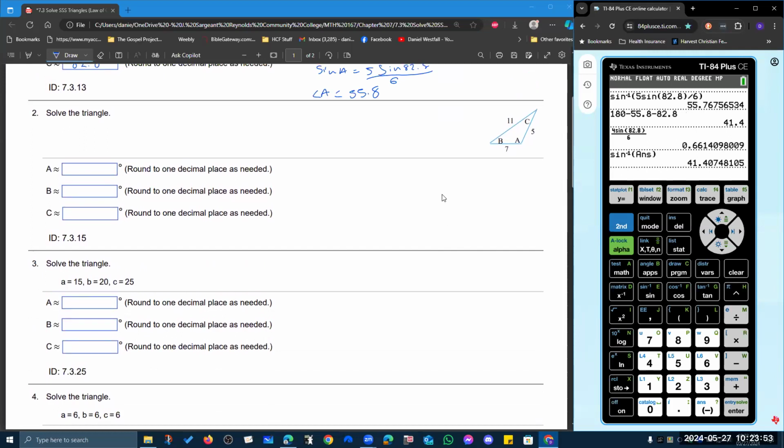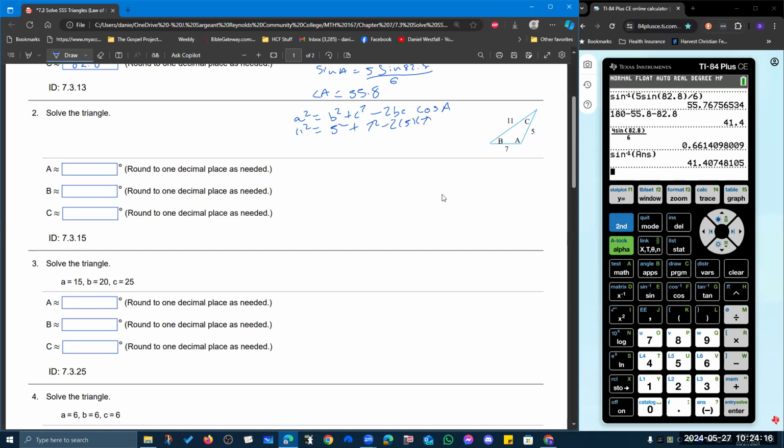And again, I'm going to solve for the angle that's across from the largest side. So I'm going to have a squared equals b squared plus c squared minus 2bc cosine of A. 11 squared equals 5 squared plus 7 squared minus 2 times 5 times 7 cosine of angle A. 121 equals 25 plus 49 minus 70 cosine of A. 121 minus 25 minus 49 is 47.